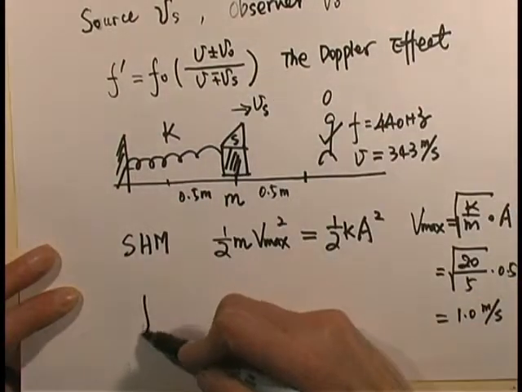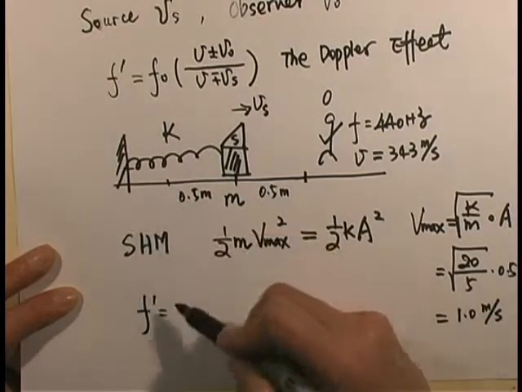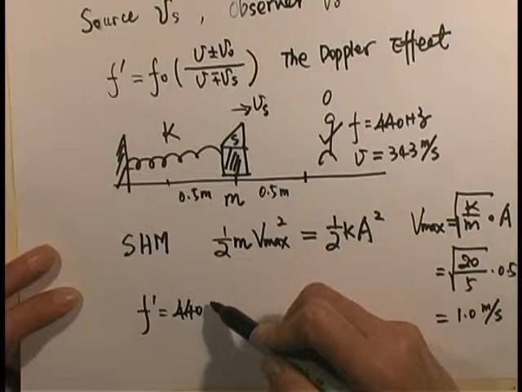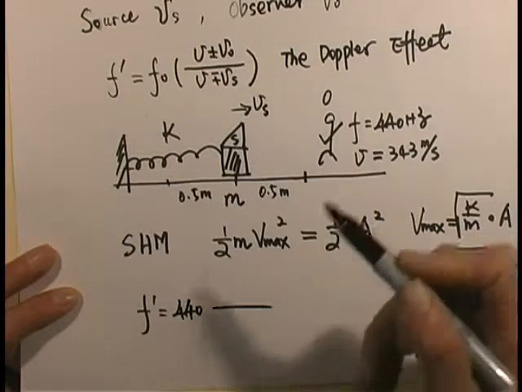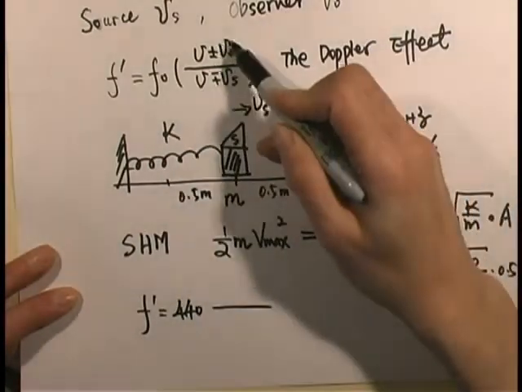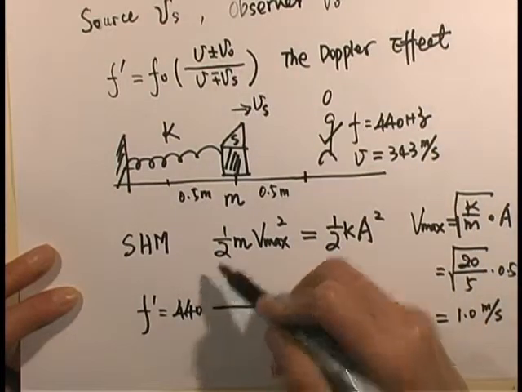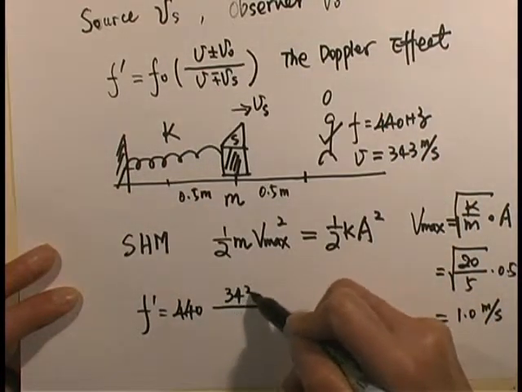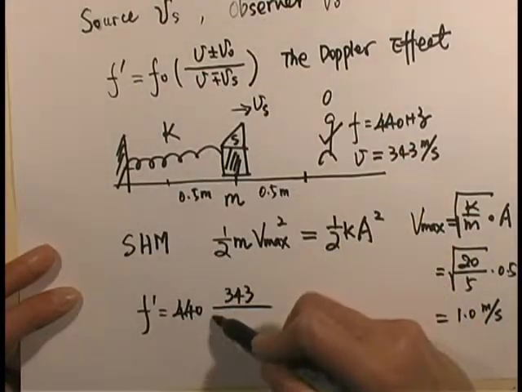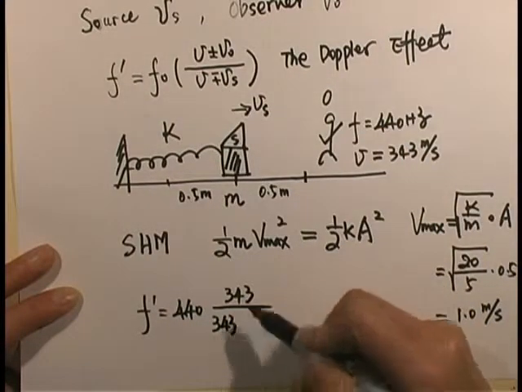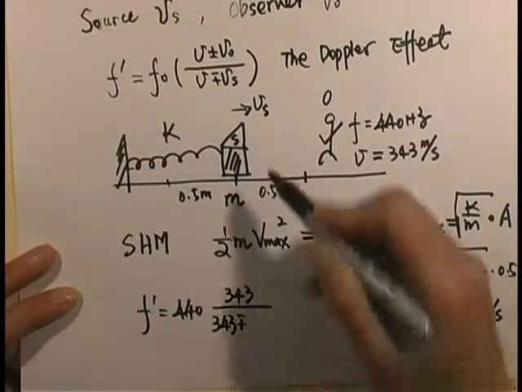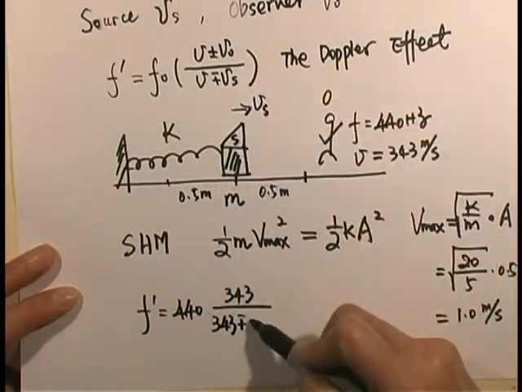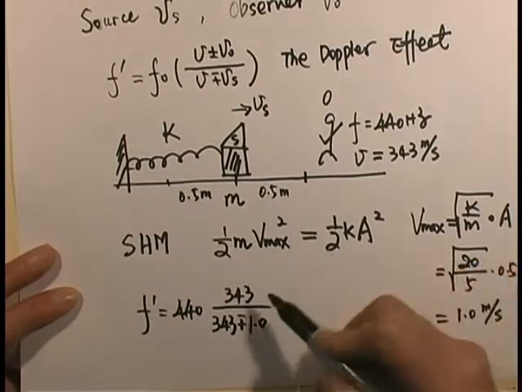So we have f prime equals the original frequency, 440 hertz, and since the observer doesn't move, v_o equals 0, so we only have v on the top, that is 343, the speed of sound. The denominator also has the speed of sound, with a minus or plus choice of the speed of the source, in this case 1.0 for the maximum.